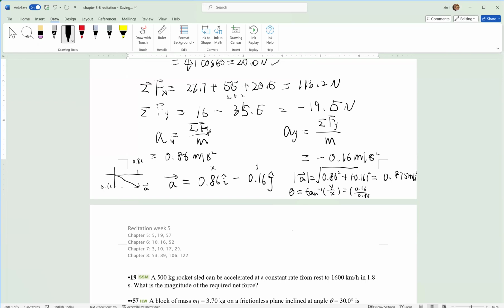Okay, and then you are going to get 10.5 degree. So here, this angle is 10.5 degree, and it's below the positive x-axis. Okay, so this is how you do it.